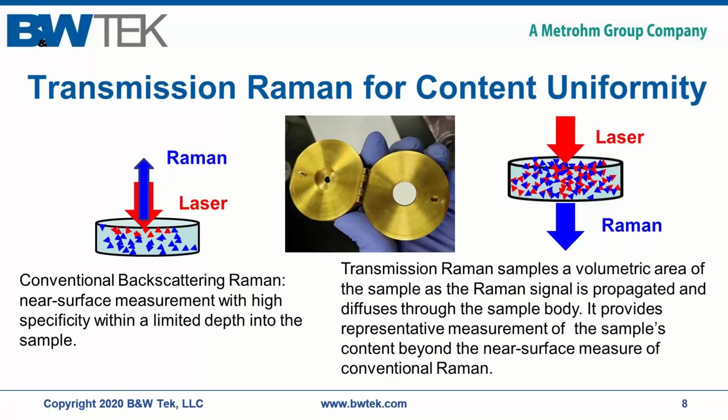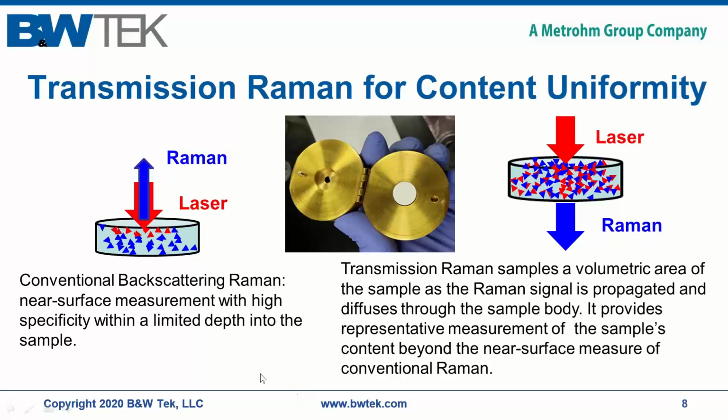Now, transmission Raman is an important advancement because in traditional Raman spectroscopy, as shown here on the left, what we're doing is a conventional backscattering measurement. The Raman laser excitation goes onto the sample, and we're measuring the Raman light that is scattered back. So our measurement is close to the surface.